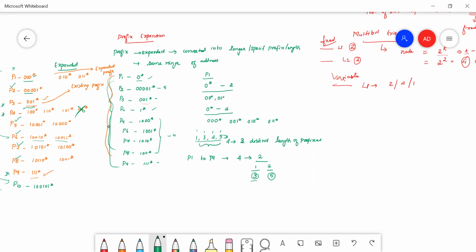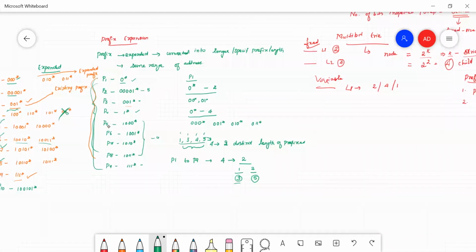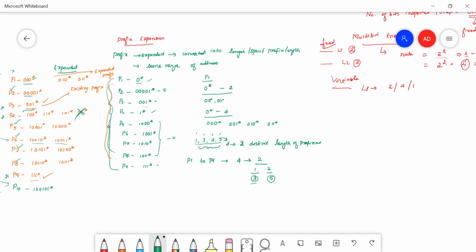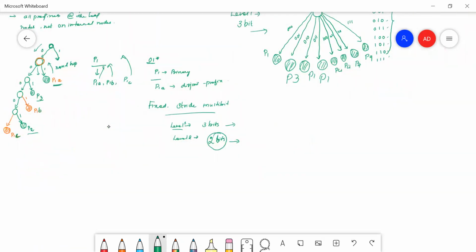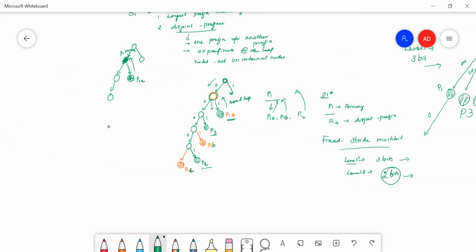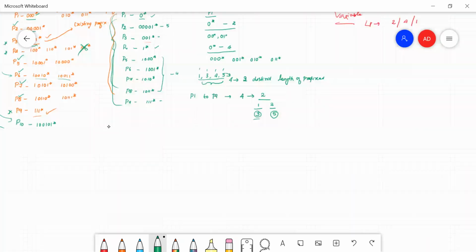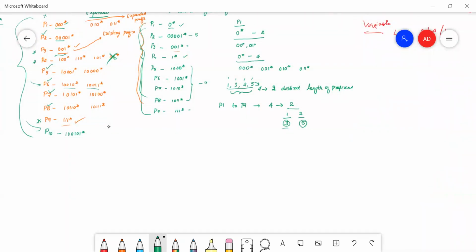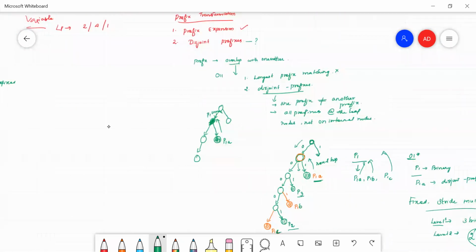Now let's see P2. P2 is an expansion of 0, 0, 0. From P1, P2 can come, right? Because P1 is 0, 0, 0, from here you can have the remaining bits, 0, 1.